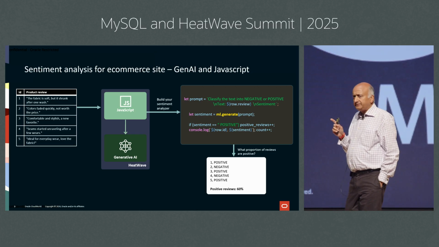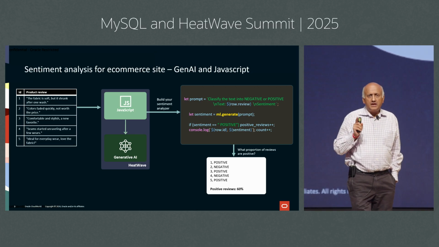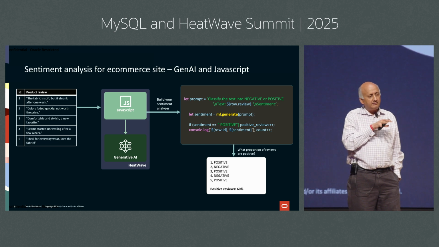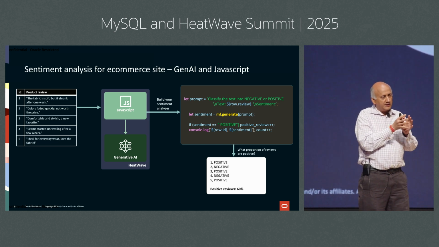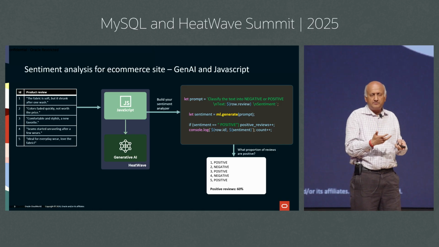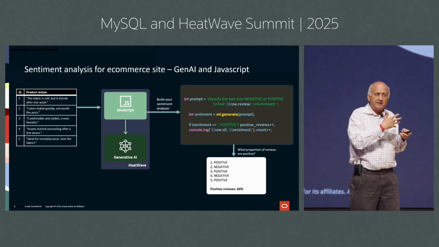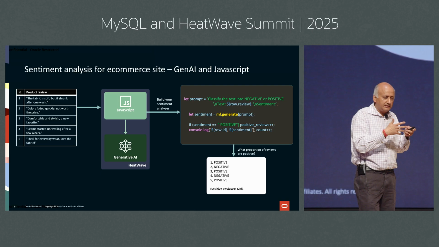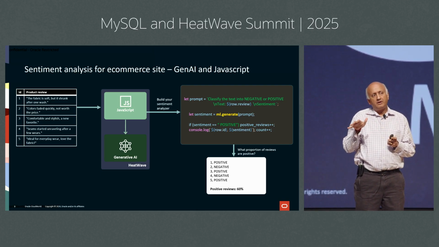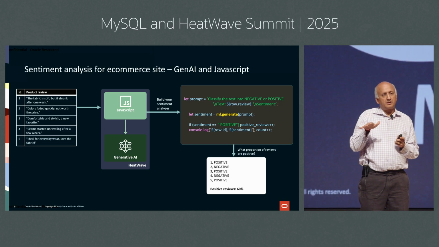The second example is an example of an e-commerce application which was built using HeatWave. And the interesting thing over here is that this started off being a transaction processing application where someone is building an e-commerce website, a system where they're selling merchandise, and they wanted a mechanism by which people can provide product reviews.